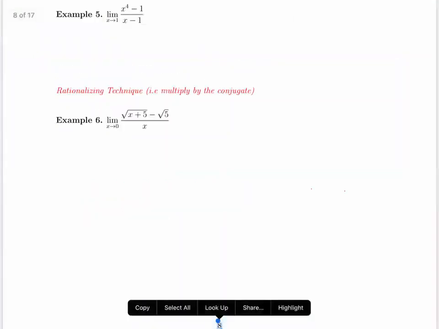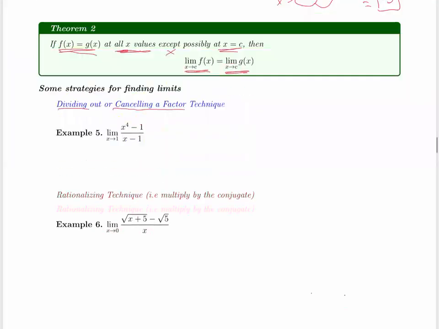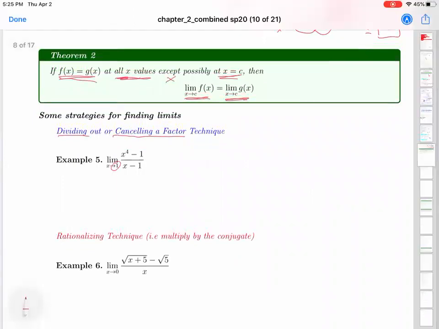So again, you cannot plug 1 into x because it would make your denominator equal to 0. So you have to see if you can factor the numerator. I have x to the 4th minus 1. I don't know if you remember, but there's a formula that says b squared minus a squared is the same as b minus a times b plus a.